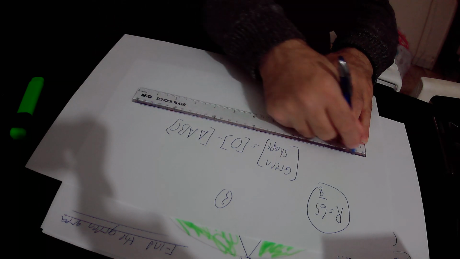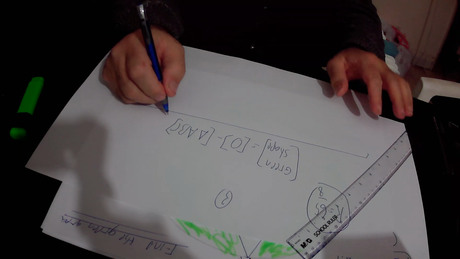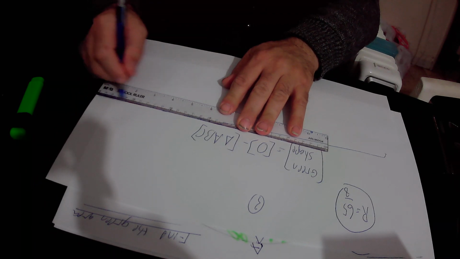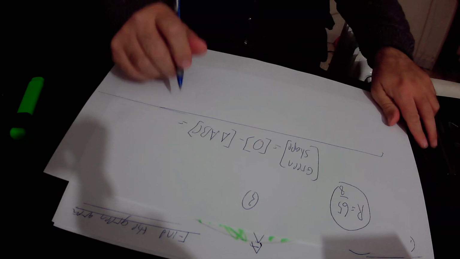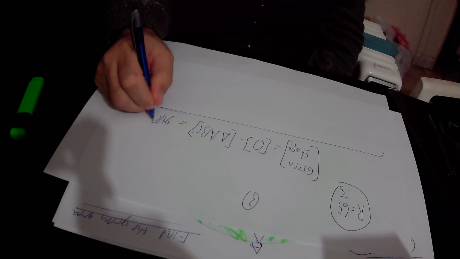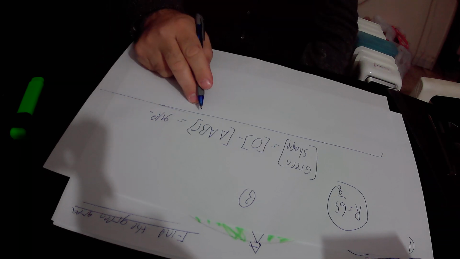So the area of the grain shape is equal to the area of the circle, which is pi r square, minus the area of triangle ABC.